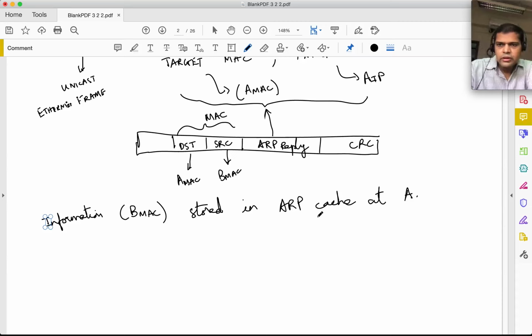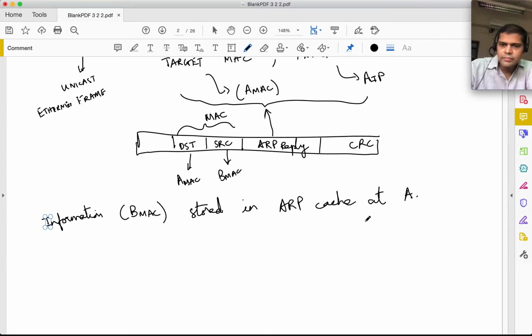You don't want A to continuously, every time it needs to send out a packet, send an ARP, right? Because that would be an overkill. Suppose A is sending a large file to B, consisting of millions of packets, let's say, you don't want to send out a million ARPs, right? So you want to cache that information.